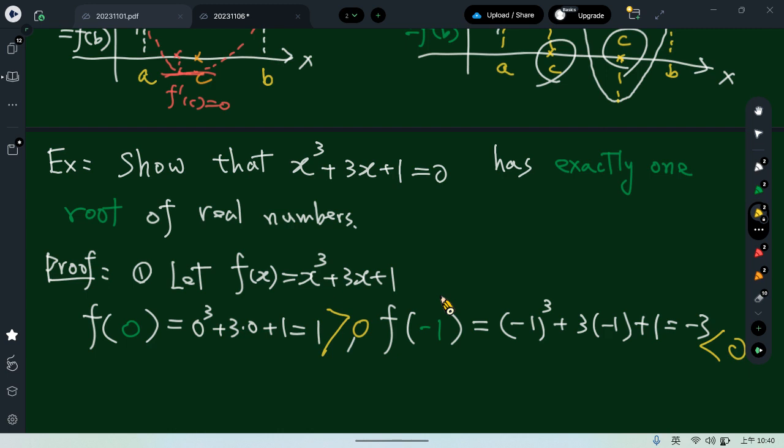By using what kind of theorem? We can prove it with the intermediate value theorem, right? Do you remember the intermediate value theorem? If a function is continuous, and you have a point whose function value is positive and another point whose value is negative, then you can be sure that there is a point whose function value is 0.